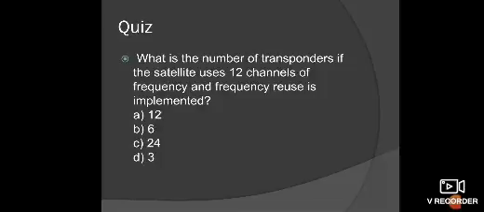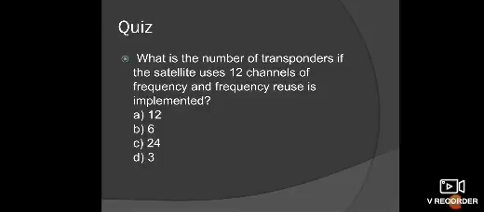What is the number of transponders required if the satellite uses 12 channels of frequency and frequency reuse is going to be implemented? Option A is 12, option B is 6, option C is 24 and option D is 3.